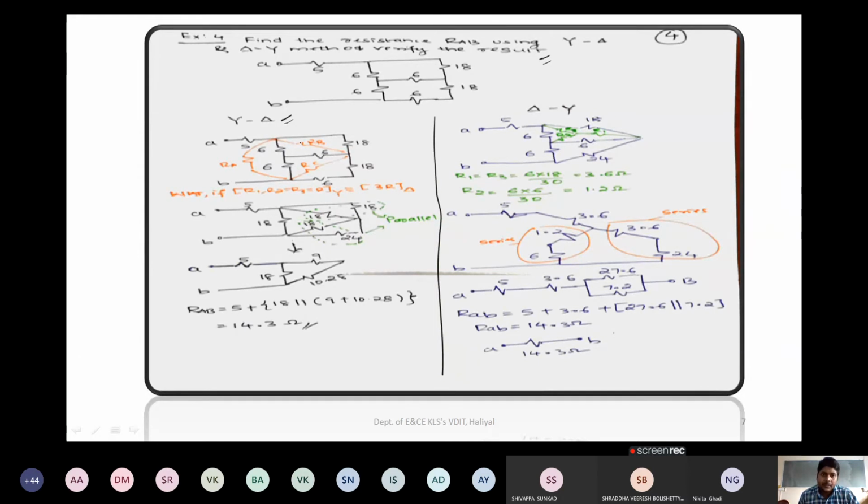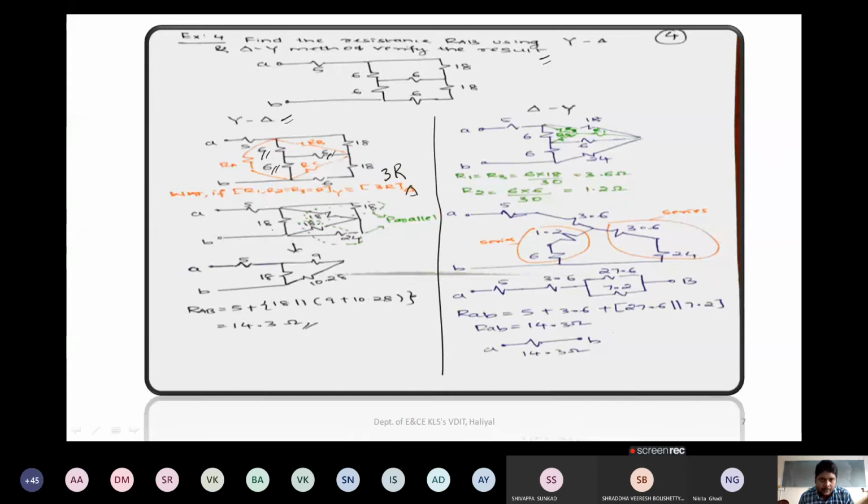If you superimpose an equivalent delta on this and name them RA, RB and RC for convenience, we observe all three are 6. If R1, R2 and R3 are all the same in the star network, in the equivalent delta network it will be 3 times R, right? So RA, RB and RC can simply be replaced by 18 ohms, 18 ohms and 18 ohms.